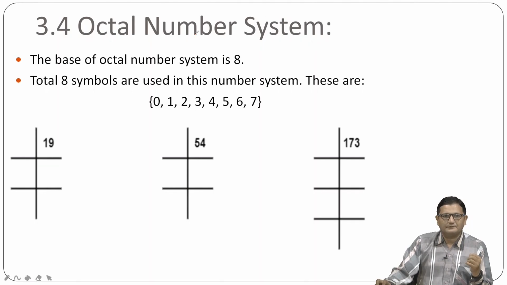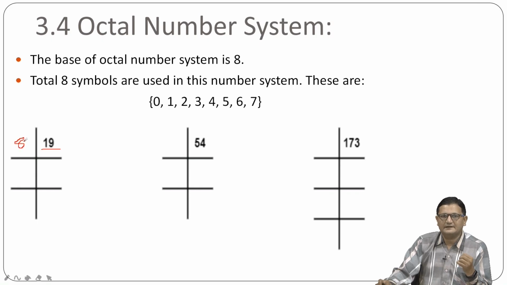Okay, now let's suppose we have 19 and we want to convert this 19 into an octal number. So I will divide 19 by 8.